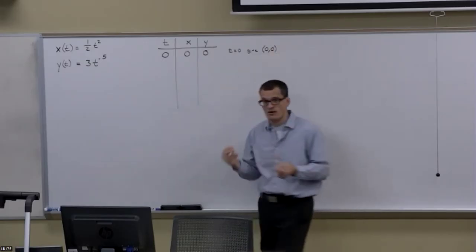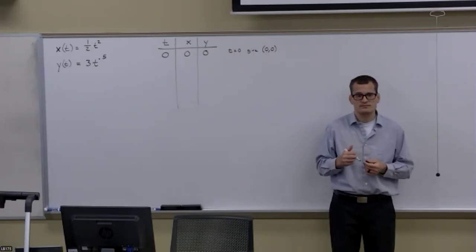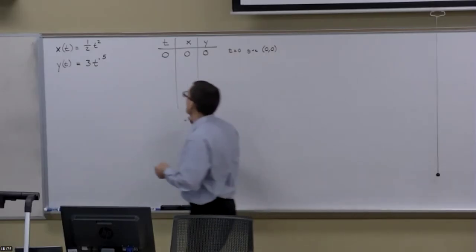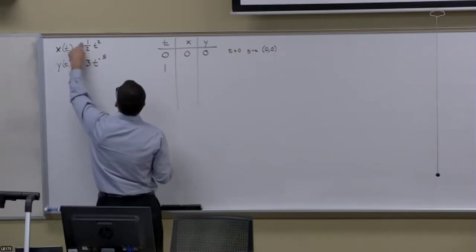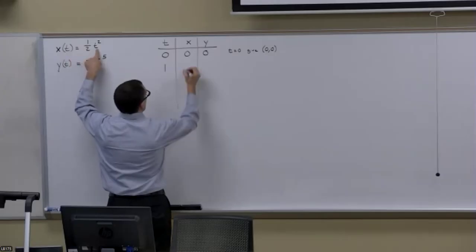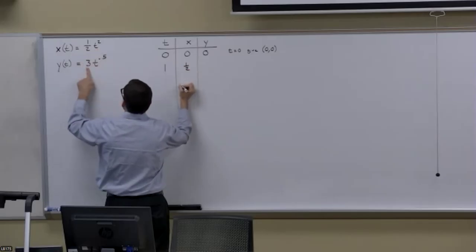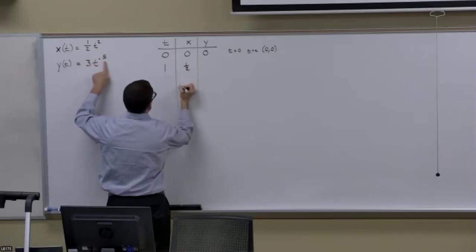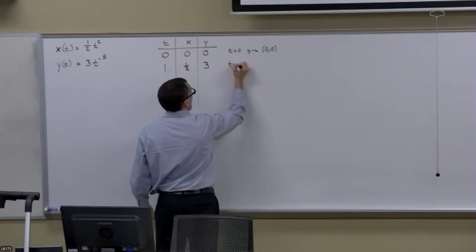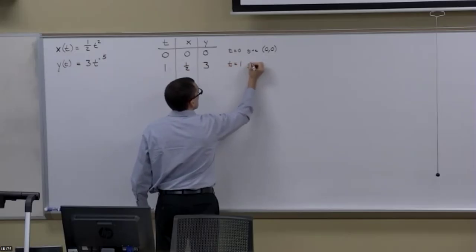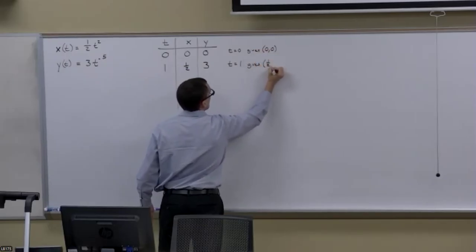So at time 0, we are at the origin. Let's do a t value of 1. 1/2 times 1 squared gives me an x value of 1/2. 3 times 1 to the 0.5 power gives me a y value of 3. So at t value of 1, that gives me the point 1/2, 3.